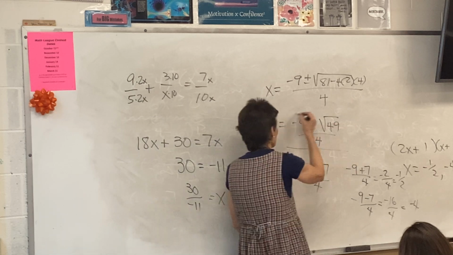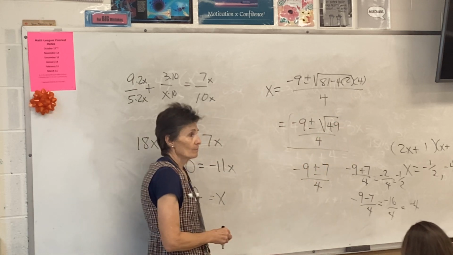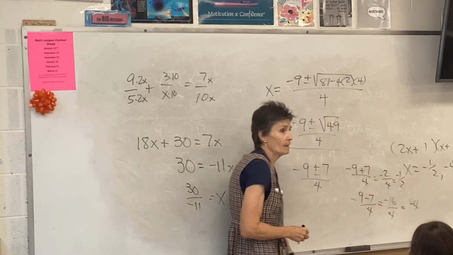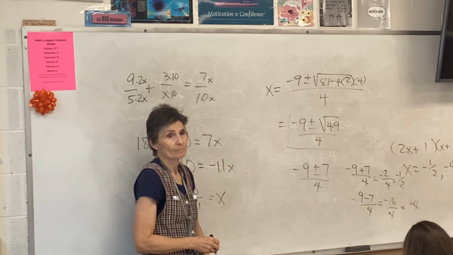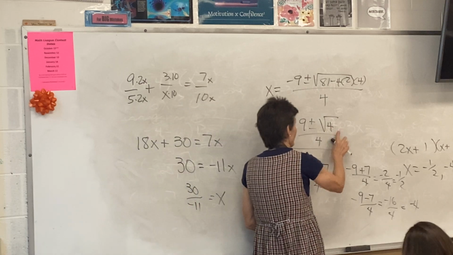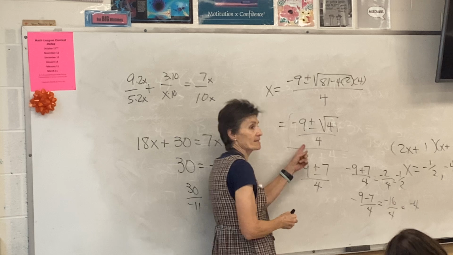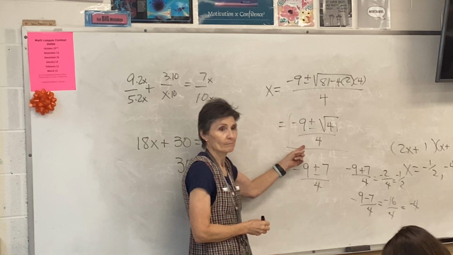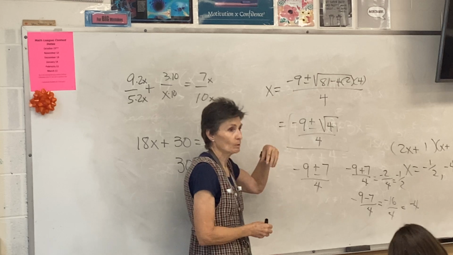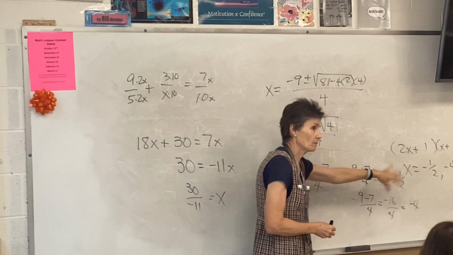Stopping here is not good enough. You have to go all the way to the end and get the answers. Now, if this had been a 41, then stopping there is fine. But if it's a factorable problem, it'll always be able to be simplified.